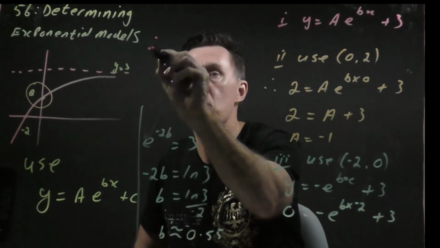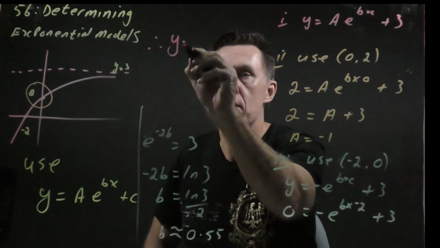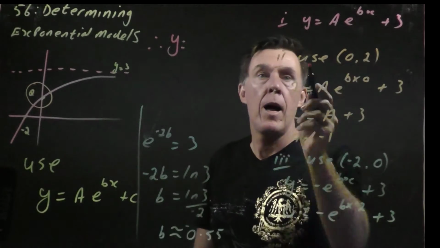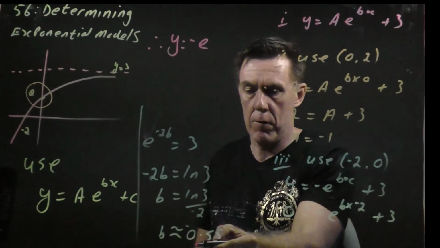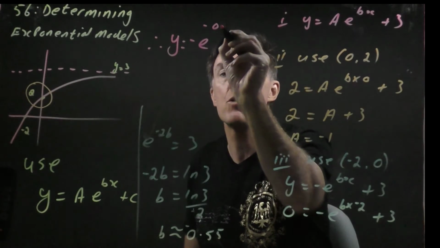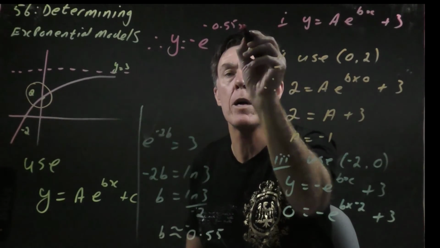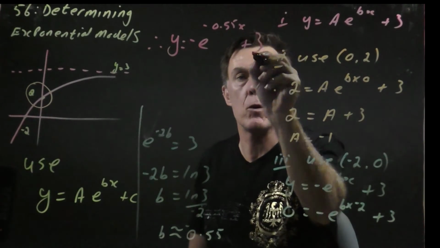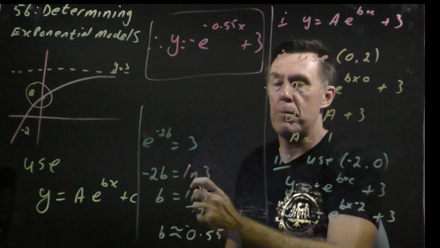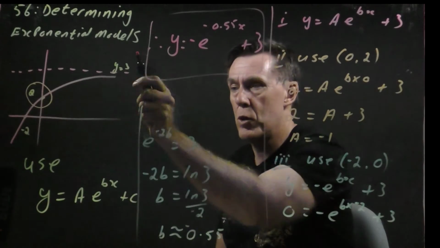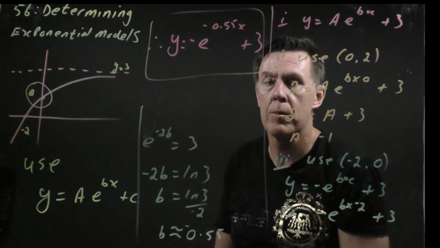So therefore, a possible model is y is equal to a, which is -1. So it's going to be negative e to the power of -0.55x plus our c value. So that is a potential model to represent that information.